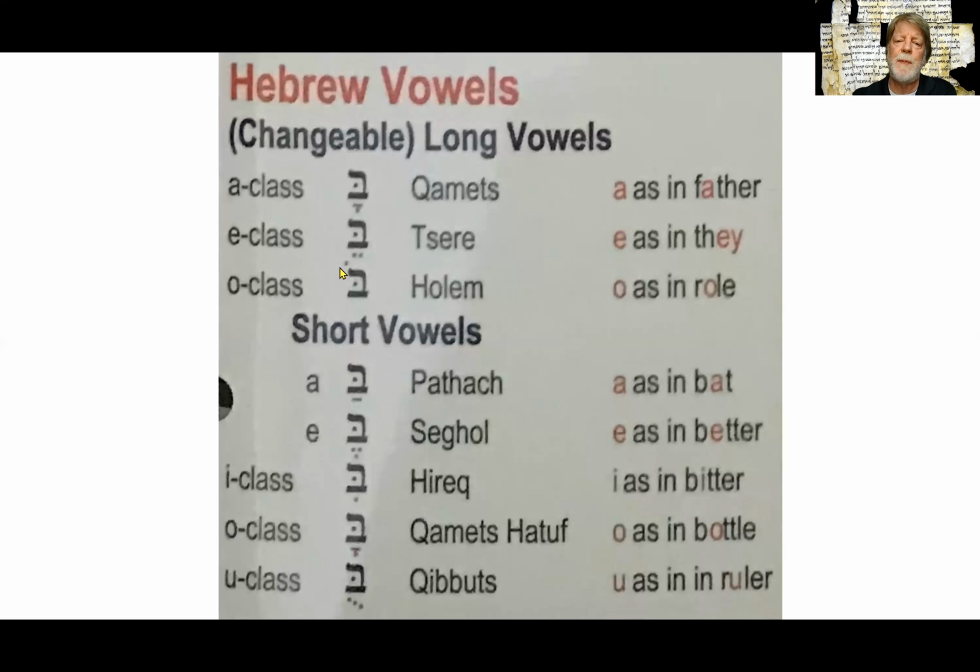So we're not going to spend a lot of time studying these charts. I just want to point out some things. In the column on the left, we have the class of vowels that the various signs or indications, the vowel points belong to.